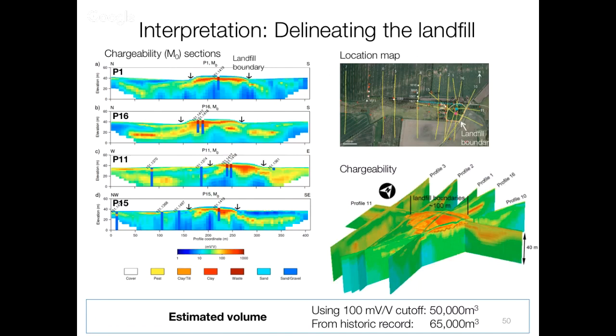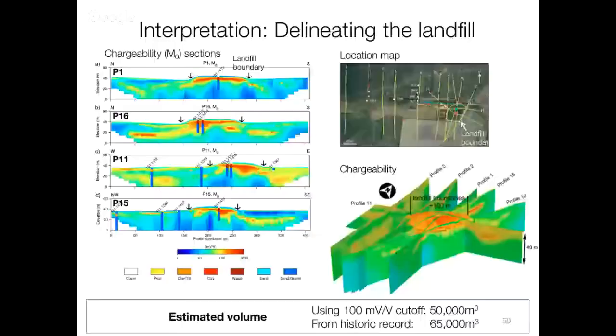If we then take these results, put them into a 3D volume, and then make an isosurface of 100 millivolts per volt, you kind of confine the waste here. Using a cutoff is always a bit tricky, because your numbers are going to change.